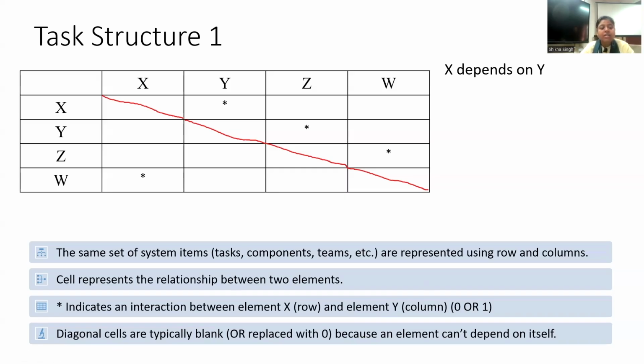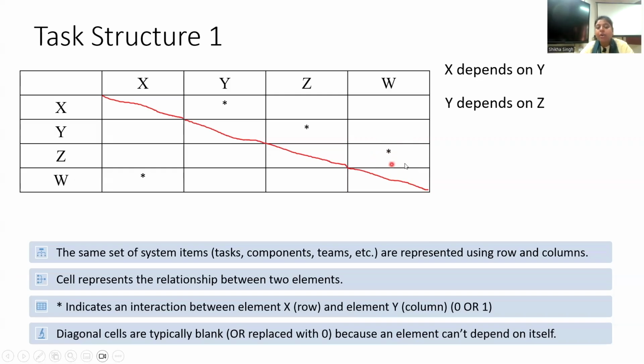Then again, you see the next cell. There is a star mark. Y and Z are related. How? Y is receiving the information from Z. Y is the successor to Z, or you can say Z is the information provider, and Z is providing the information to Y. Or you can say Z is the predecessor to Y. Then the third cell: Z and W are related.